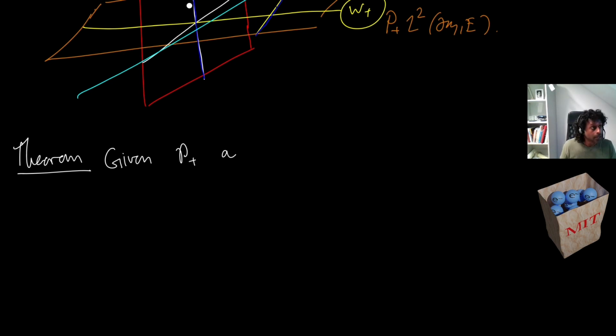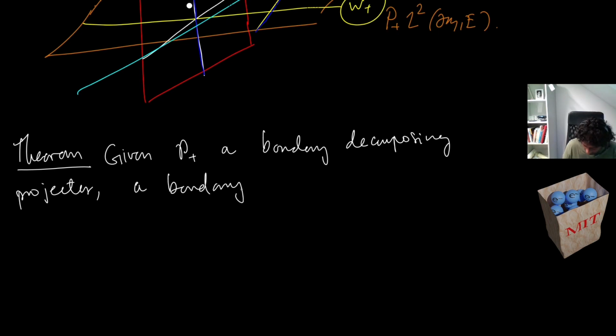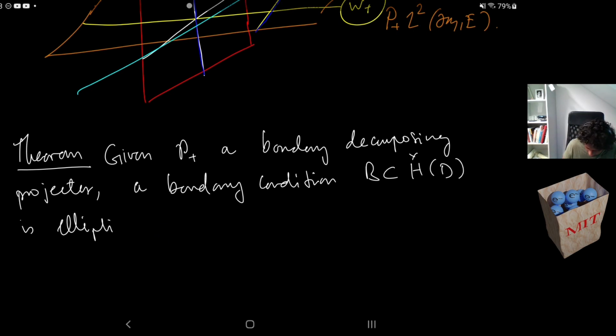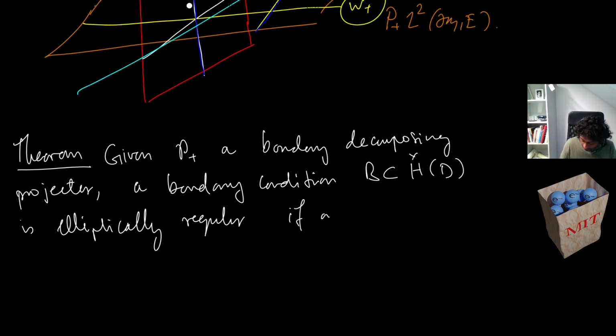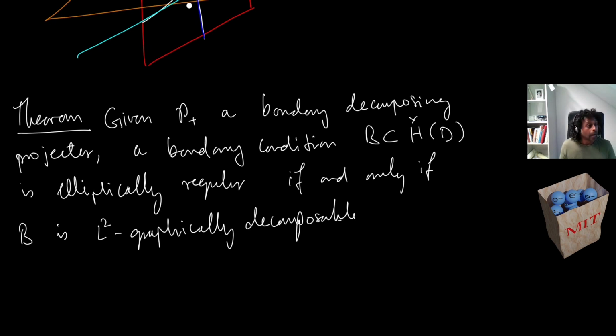So given P plus boundary decomposing projector, a boundary condition B subspace in H check of D is elliptically regular if and only if B is L2 graphically decomposable with respect to P plus.